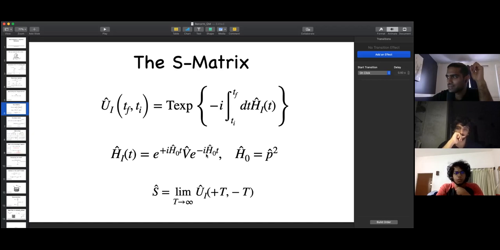Probably you're just extracting V out. The exponential is a unitary operator, so you're sandwiching the V between the unitary operators, trying to extract the potential and separate out the H naught from the potential. So how would we see this?